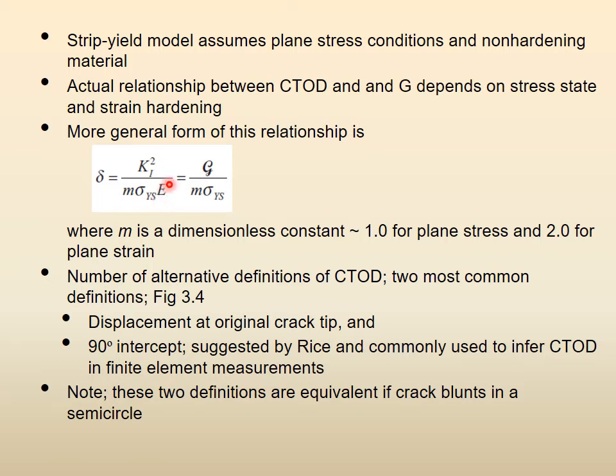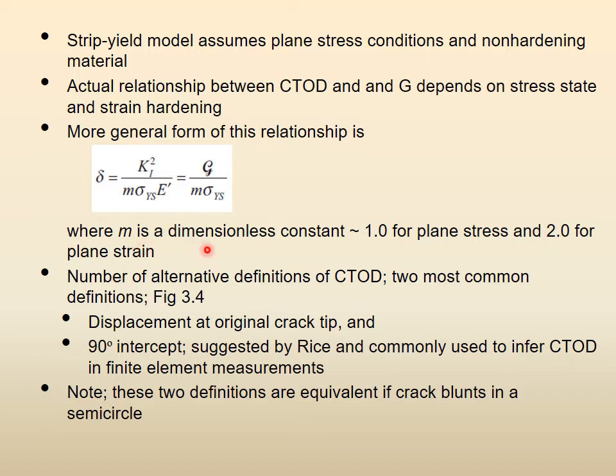So with these two, E dash is equal to E for plane stress. So this K1 squared by E dash is also G. So either K1 squared upon M sigma Y E dash or G upon M sigma YS, where M is a dimensionless constant close to 1 for plane stress and equal to 2 for plane strain, right?